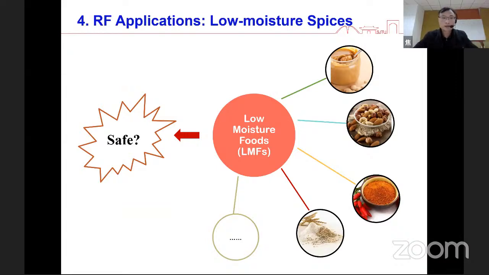And the last application for RF heating is for low moisture foods, especially low moisture powders. We all know that low moisture food is generally considered a safe food product or long storage term product, right? Since it has relatively low moisture content and low water activity levels. And we all know that microorganisms cannot grow in such a low water activity environment.